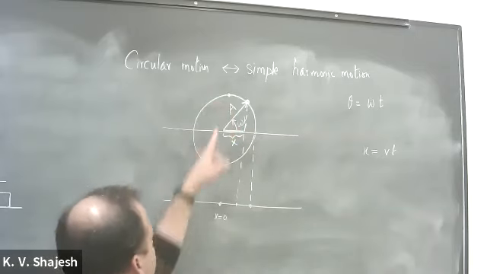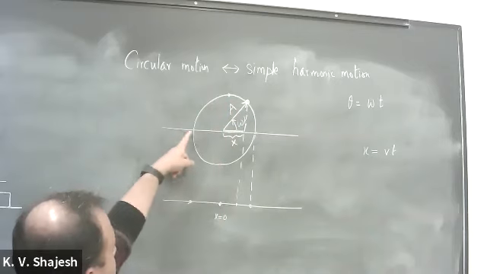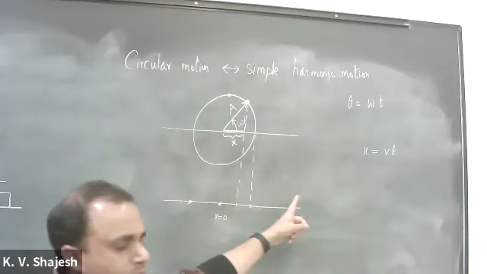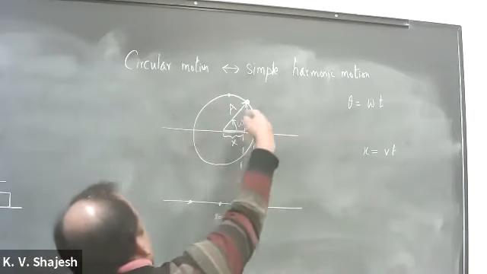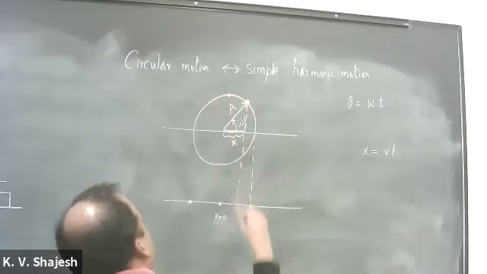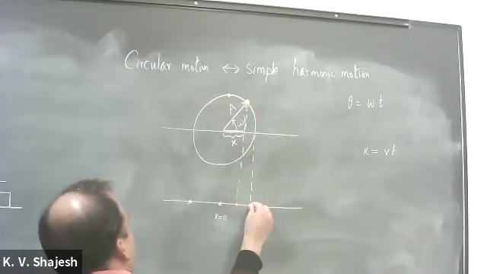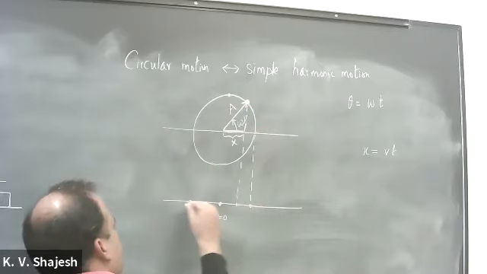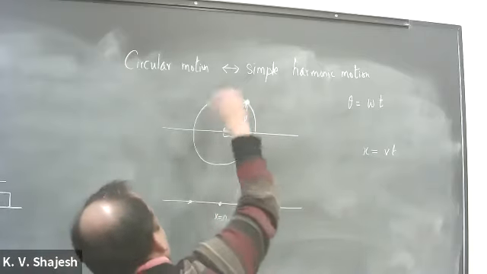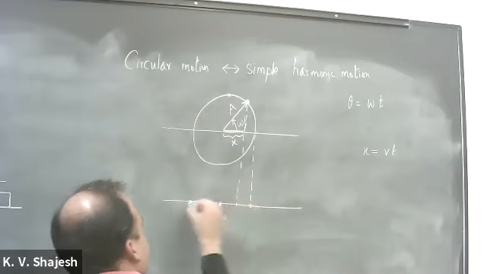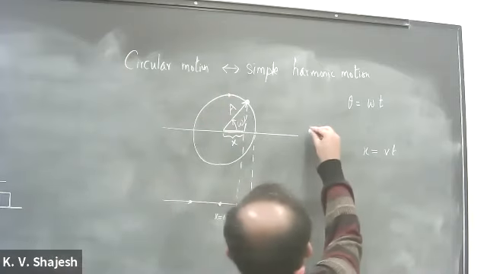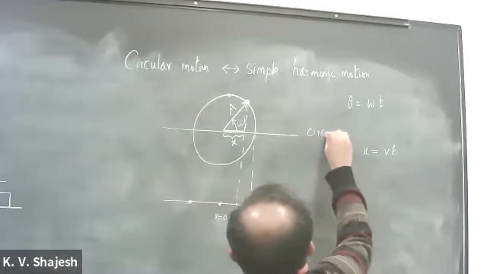As it crosses that, it goes to the left, it reaches here, and then it starts going backward. So as this mass is going on a circle, its projection here is actually going along a line. This is going in a circular motion, but this is having an oscillatory motion. So this is circular motion.